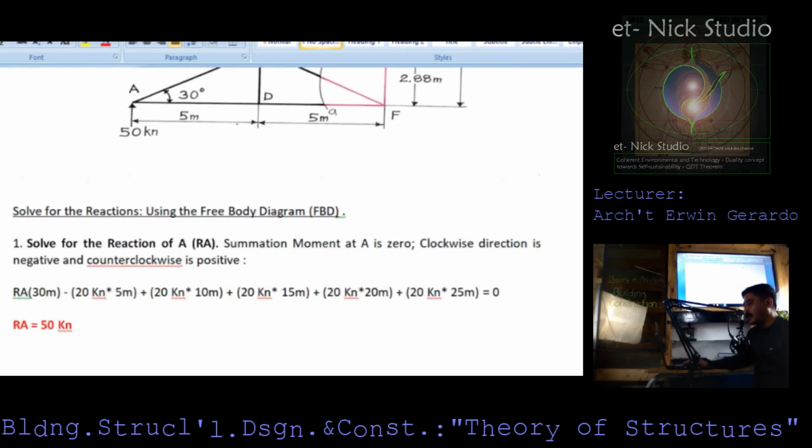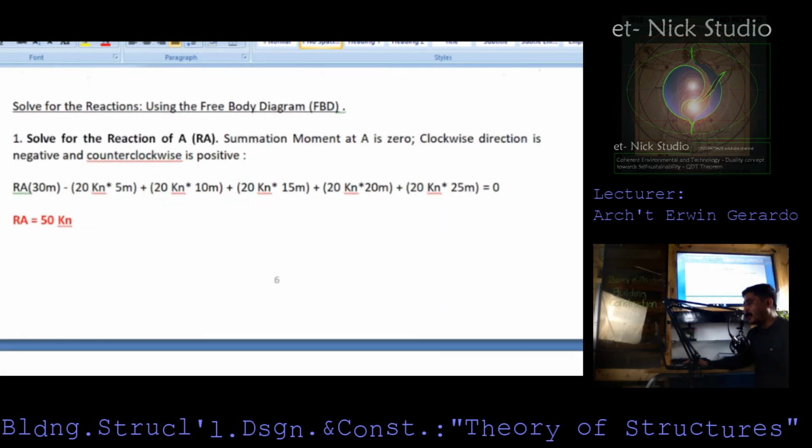So here we need to solve for the reaction using the free body diagram.